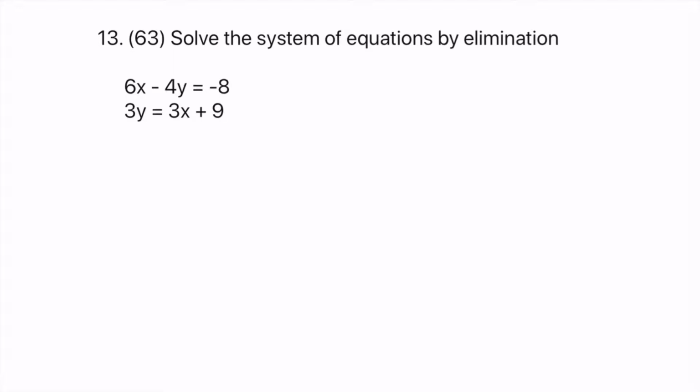It doesn't really matter which one you arrange, but I think I'm going to rearrange this bottom one so that it's in the same format as the top one, which means I need to move this 3x over to the left so I have my x and my y's all on one side. Let me rewrite it first so it's a little bit bigger.